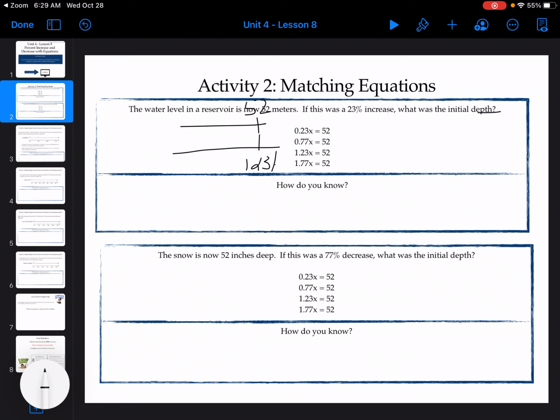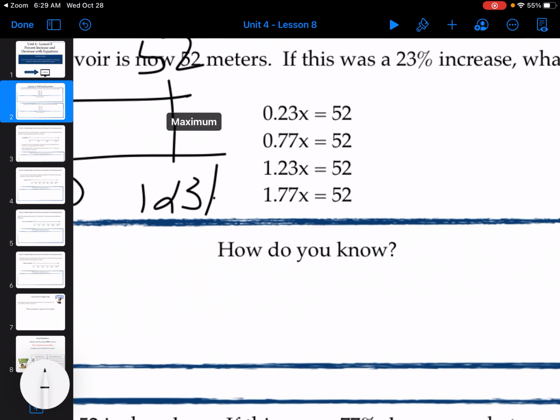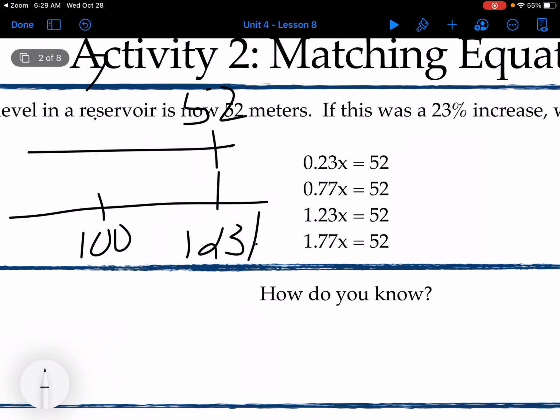They want to know what the initial depth was, so I have to figure out how I'm going to get that answer. Well, I know that if I solve these equations through division, I'm going to be able to get an idea of how to do it. So let's solve them through division.